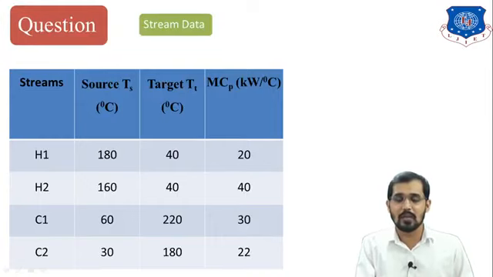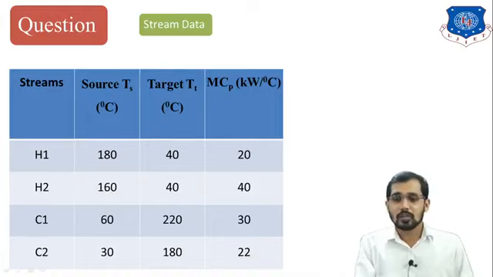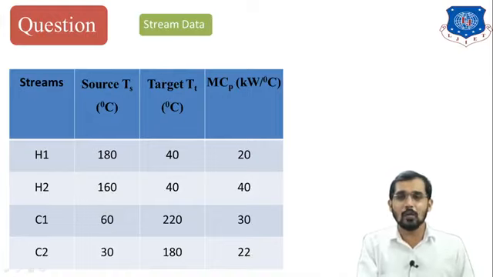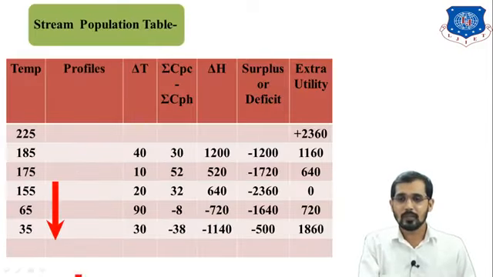So for H1 we are going to reduce this value from the summation of CPC. So 30 plus 22 that is 52 minus 20, and 52 minus 20 is 32.